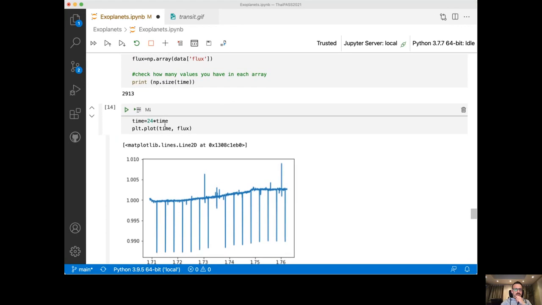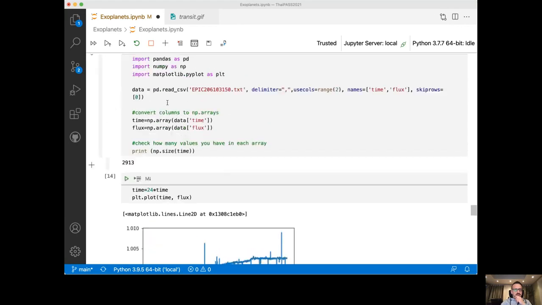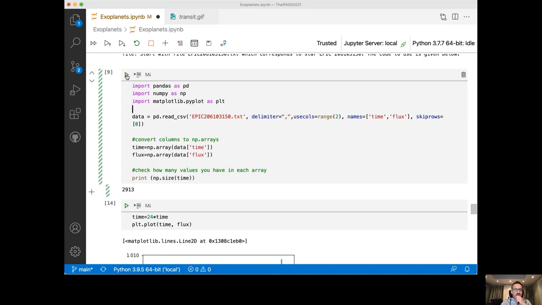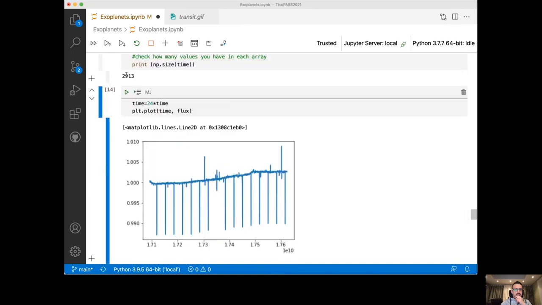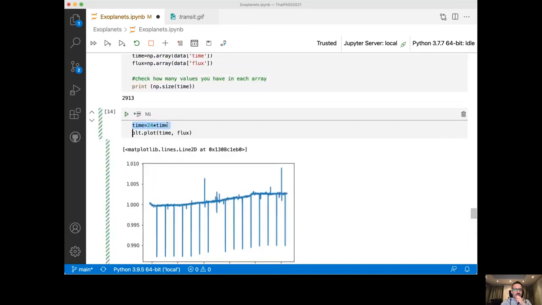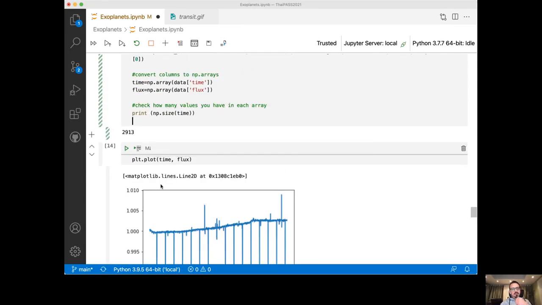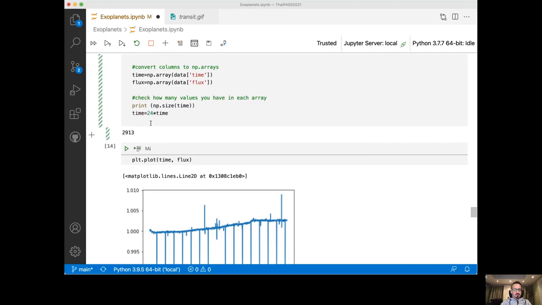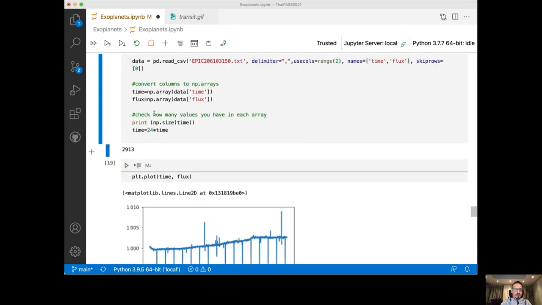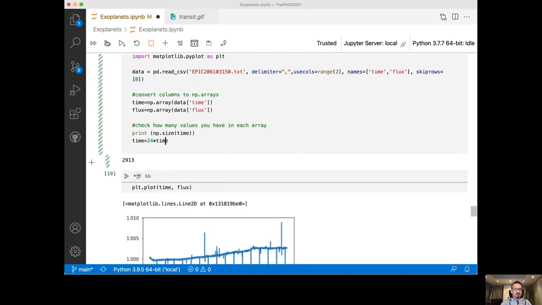The thing is, every time that I execute it, I change the time, so that's not good. Let me import it again. What I'm going to do is just change the time in the previous box, because now every time I run the box, the time changes again and again, but I just want to change it just one time. So you get a bit of a tutorial of how to make mistakes and how to correct those mistakes.